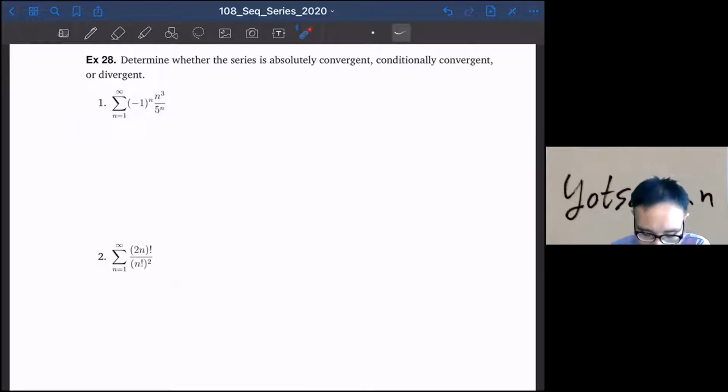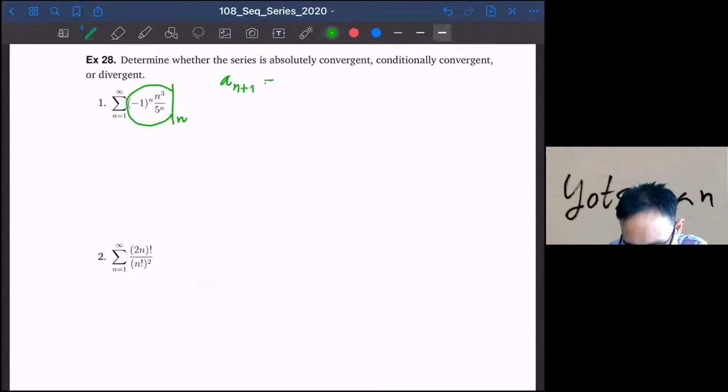So for this one, you have your a_n. Let me circle our a_n first. Our a_n is this. The first thing I want to teach you is, can you find a_{n+1} for me? a_{n+1} is where you plug in n equal to n plus 1.